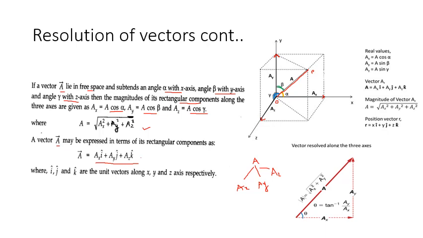So this is the format of resolution of a given vector A, where i, j and k cap are the unit vectors along x, y and z axis respectively. So what we are doing? We are dividing a vector into three components, right? So this we saw in this slide.